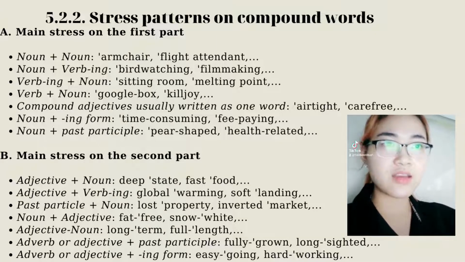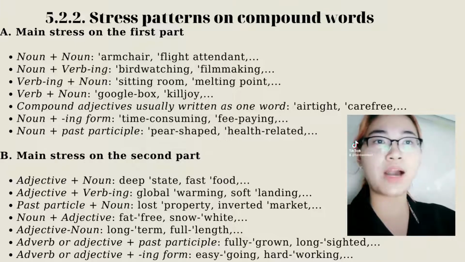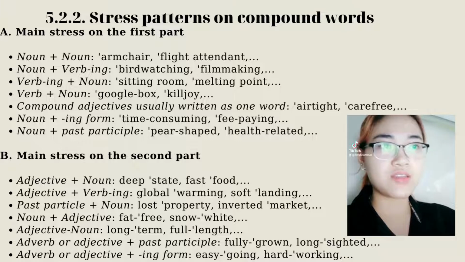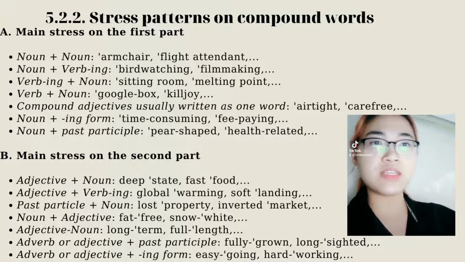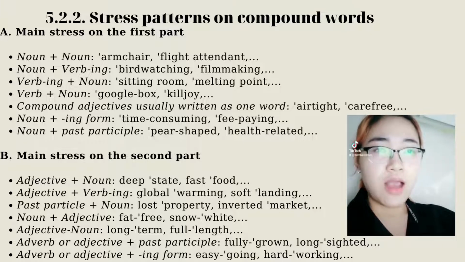Typically, an English compound word has two parts, two different words combined together, and the identification of primary stress can be based on its morphological structure. First of all, main stress on the first part.